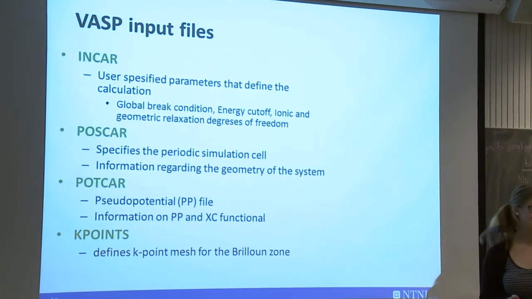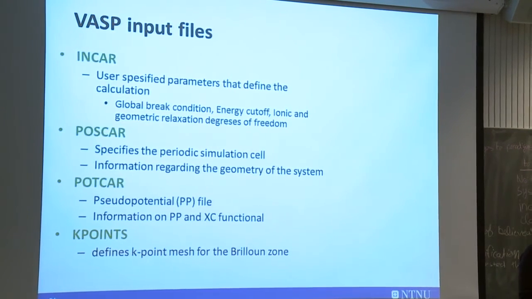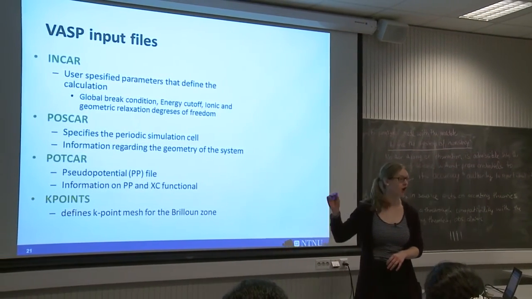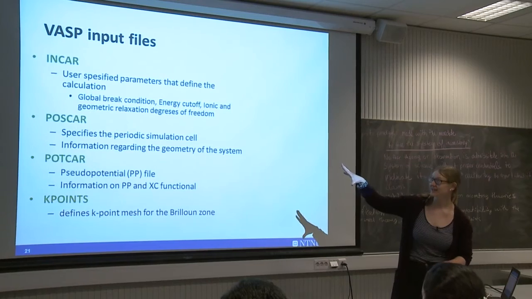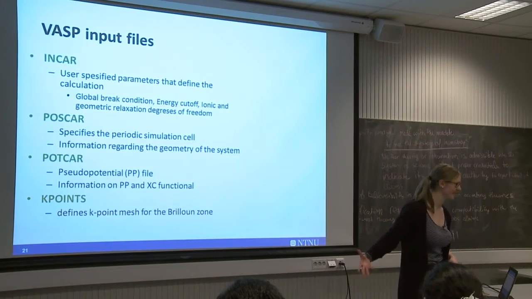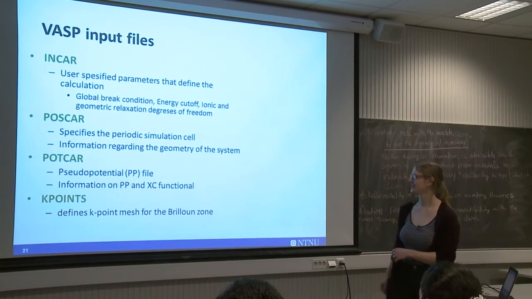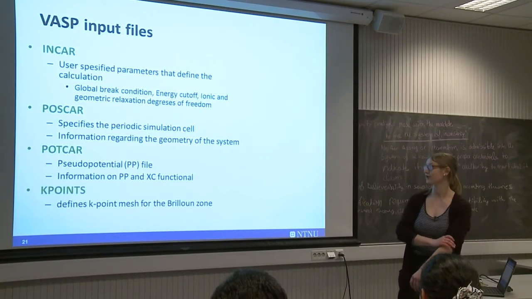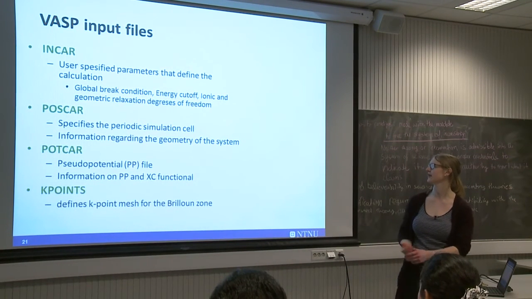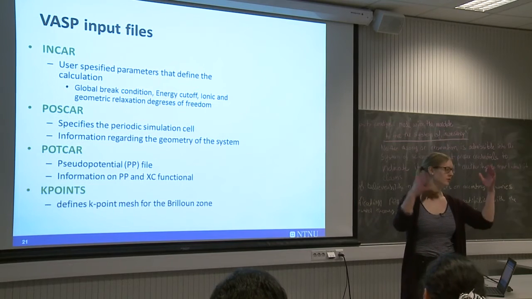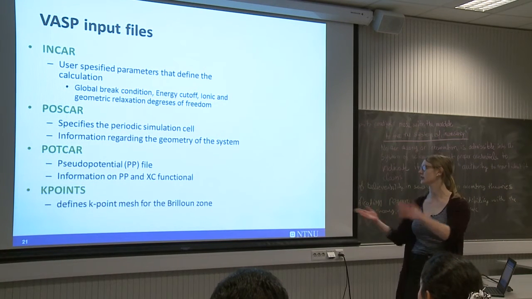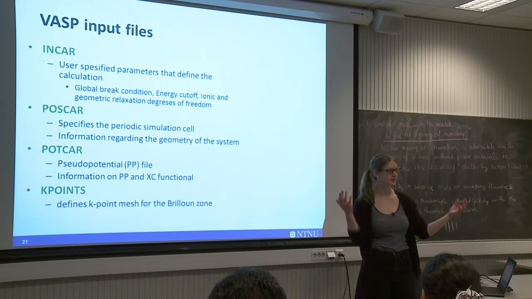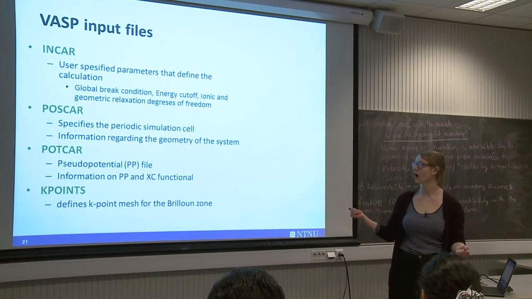Anyway, we have the INCAR, which includes inputs. So that defines your setup in terms of user-specified parameters, for example, the global break condition, energy cutoff, degrees of freedom for the ions, and so on.